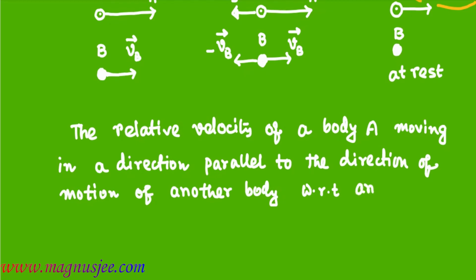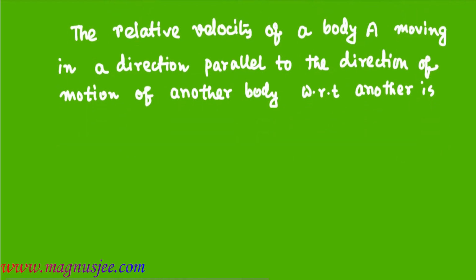The relative velocity of body A with respect to another body B, that is with respect to the body B, is vector VAB equal to vector VA minus vector VB.